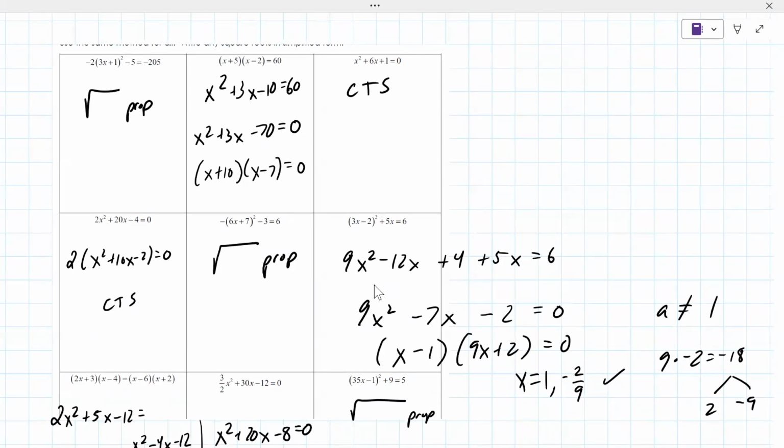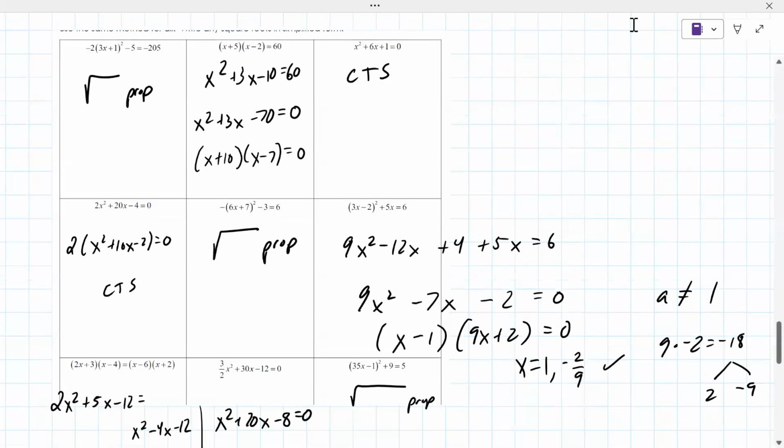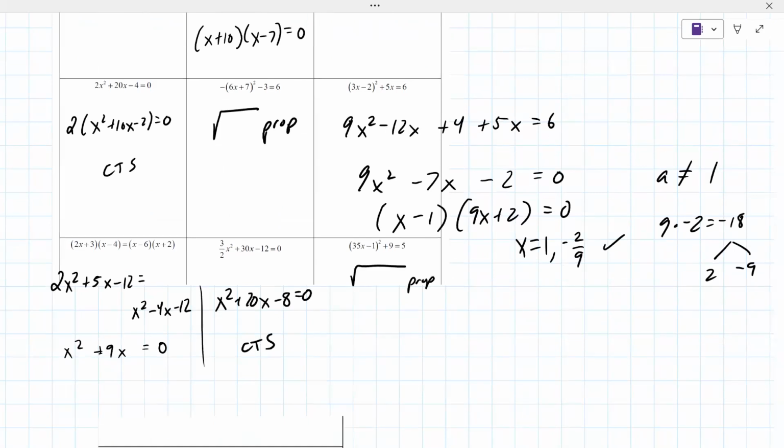No, I think the other four are pretty easy. Okay, what about, we skipped over two, leaving the square, maybe you don't need that.